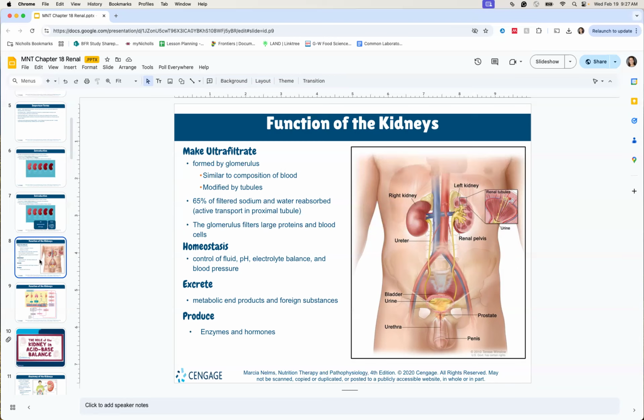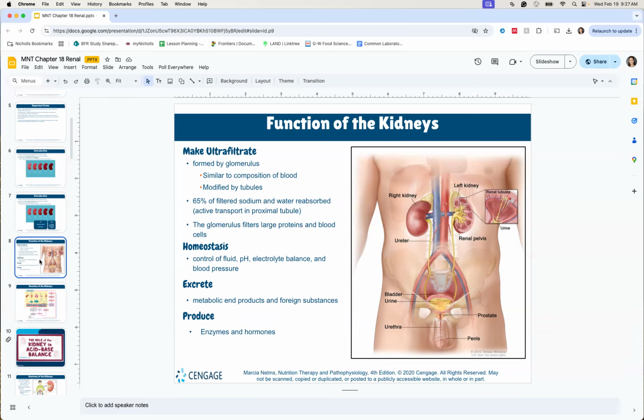The glomerulus is also important for filtering large proteins and blood cells. So this is where we start to see albumin come into play. On top of that, our kidneys are meant to excrete metabolic end products and foreign substances. So the metabolic end product example is ammonia or urea.